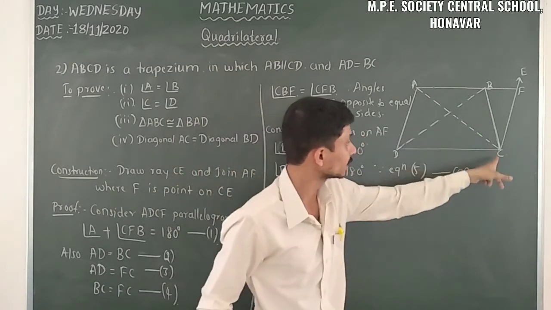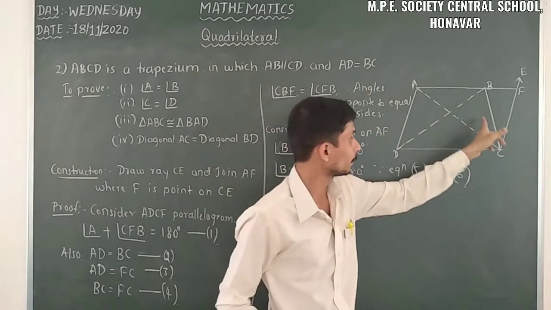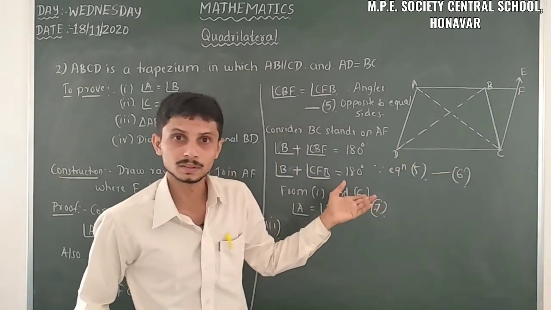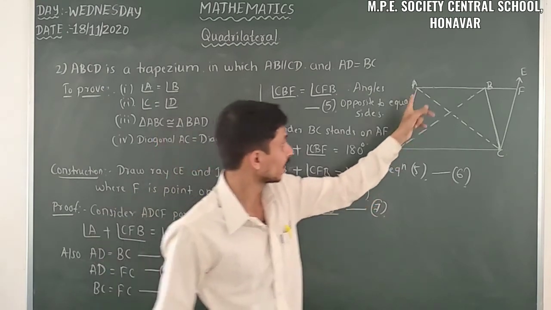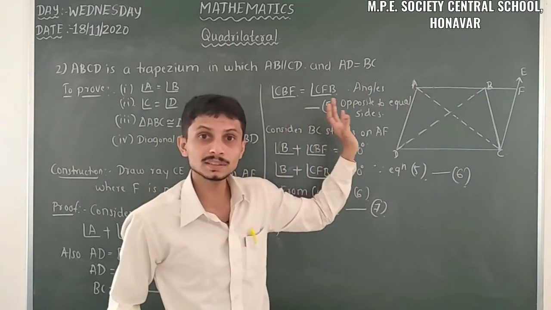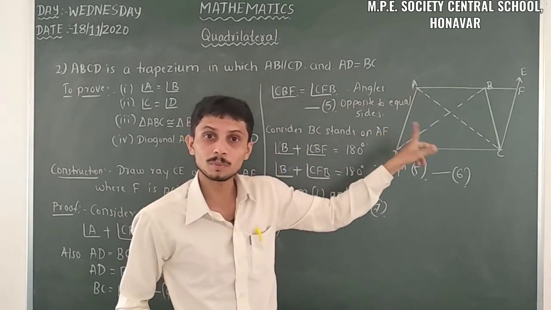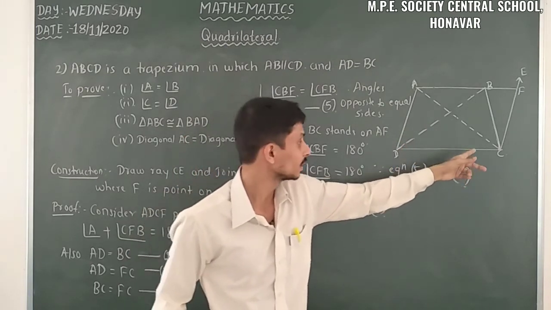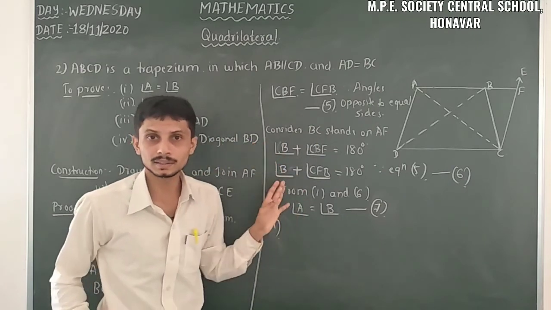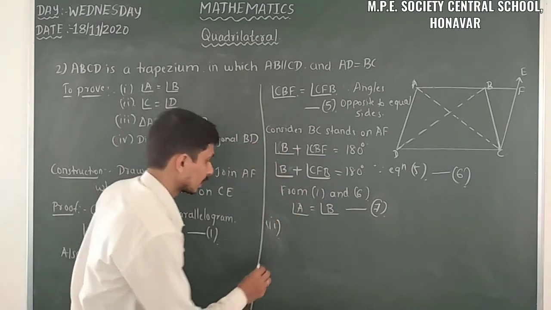And when we consider BC as a transversal, angle B and angle C are supplementary. So already we know that angle A is equal to angle B. So we can cancel angle A and angle B from both sides. Then there is only left angle C is equal to angle D.